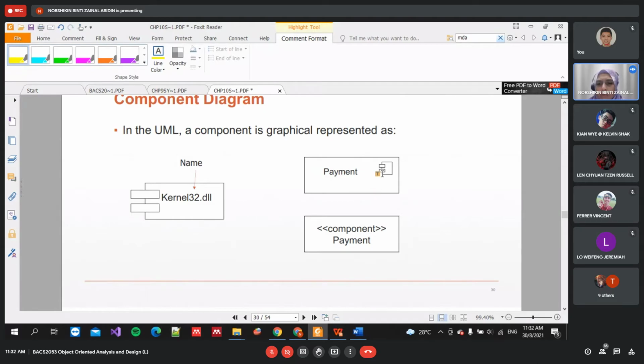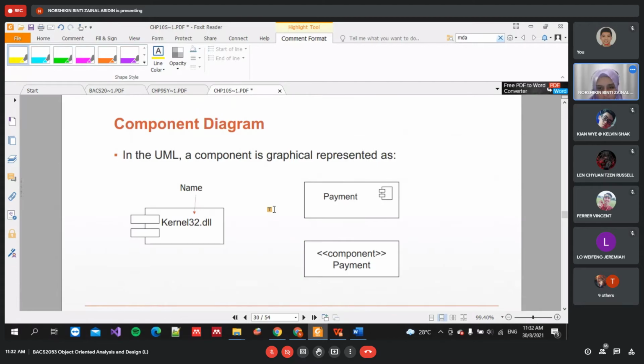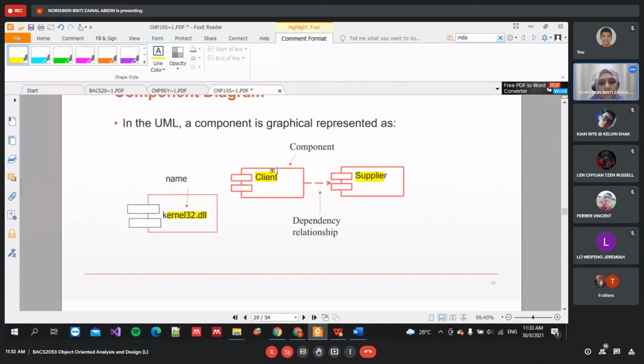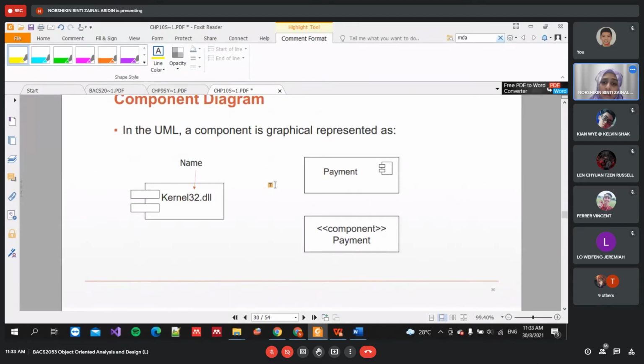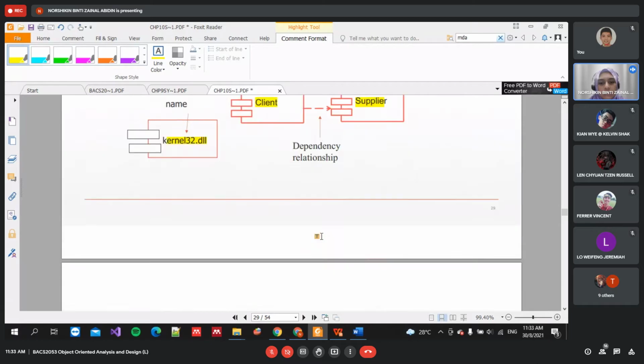So the component is a payment. Here is the graphical representation of a component, and this one is the relationship.